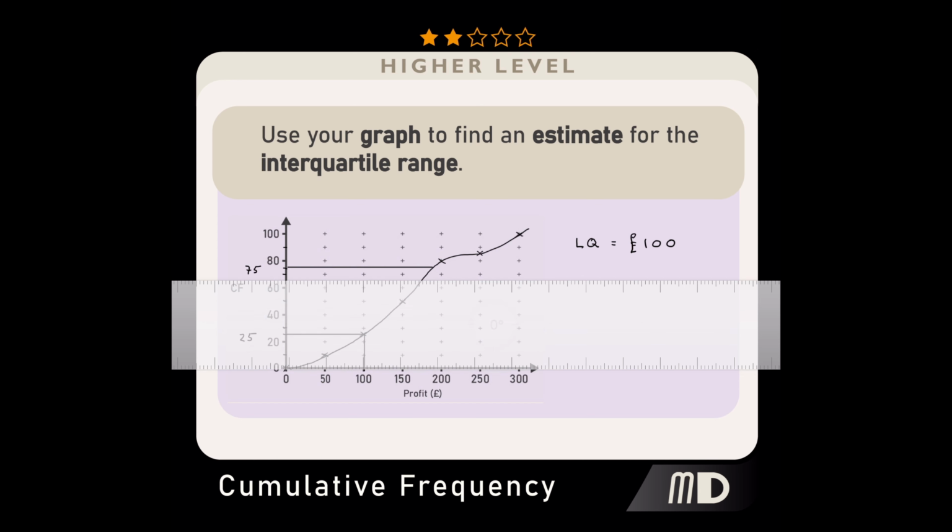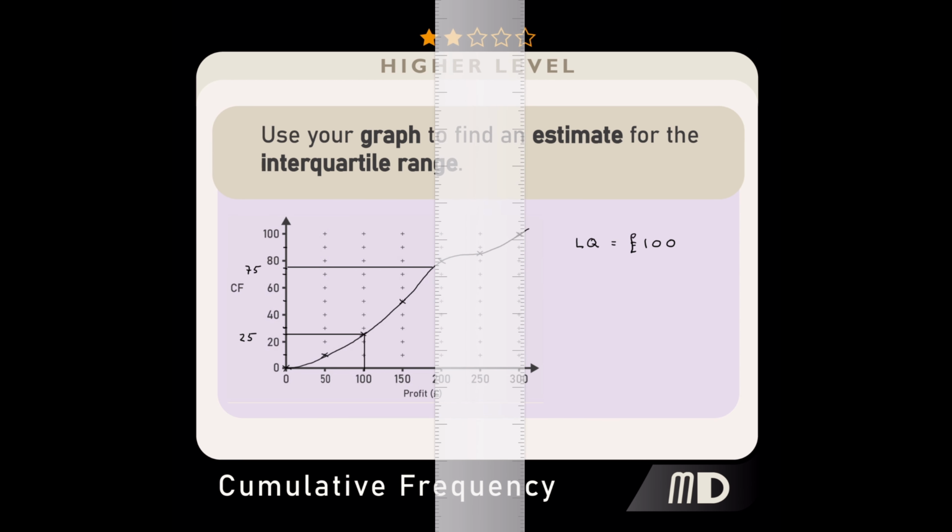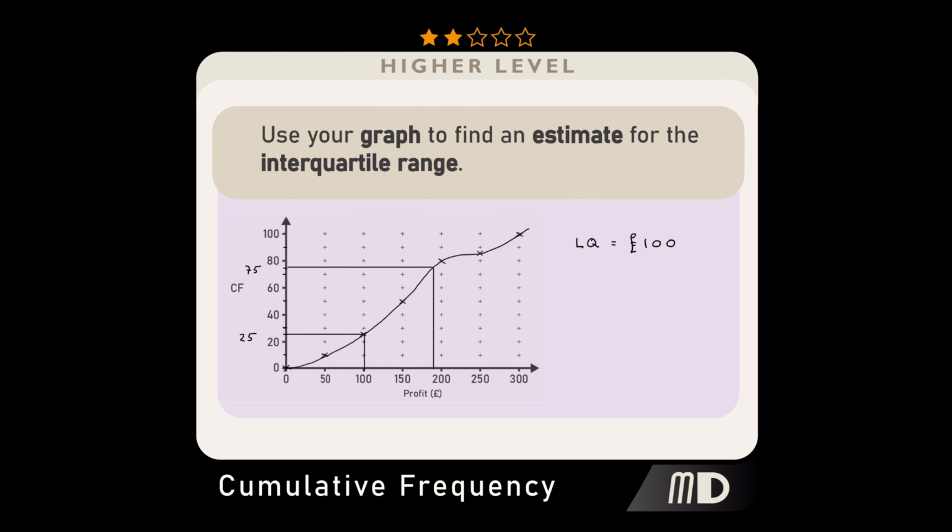Then, draw a vertical line down to the x-axis and identify the value where the line meets the x-axis. And we can see that the profit is £190. So the value of the upper quartile is £190.